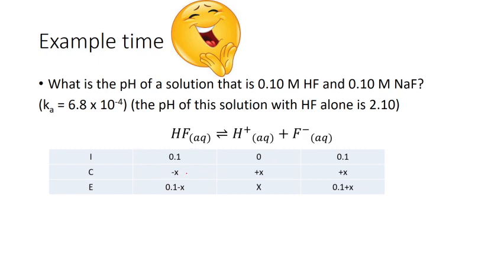And then as we change, we're going to be dissociating some of the hydrofluoric acid, which means we're going to be making hydrogen and we're going to make more fluoride, because when this breaks apart, we get hydrogen and fluoride. So we have 0.1 minus X, X, and 0.1 plus X.